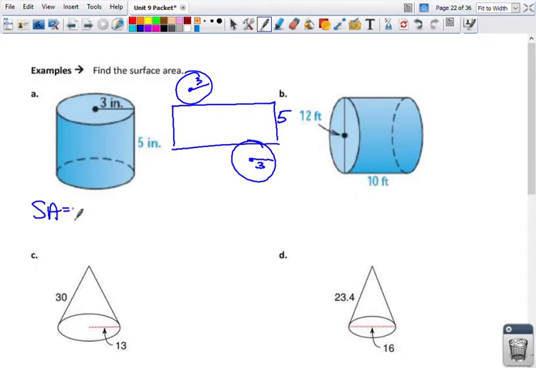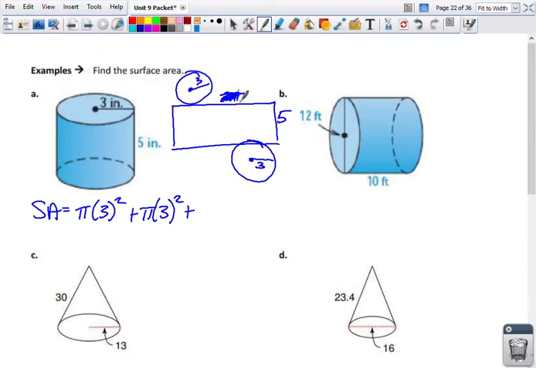So I know pi r squared. You can put it in as 2 pi r squared, but I'm going to write it out as all 3 of them. I put it down in the formula as 2 pi r squared, but I'm going to go pi times the radius squared. That's one circle, plus pi times the same radius squared. That's circle number 2. And then this is 2 times pi times r, which is 3.